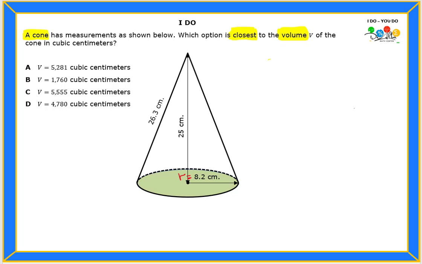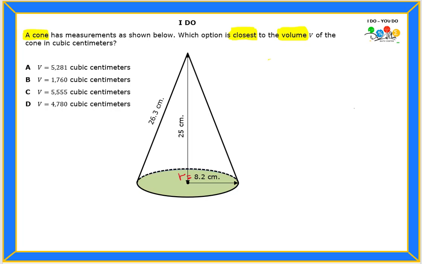Now, this is a little bit confusing for some of the students because it's like, Miss, there's two heights. I see one that goes kind of on the side and another one that is straight in the middle. So just remember that the height that you're looking for is the one that is perpendicular to the radius, okay? It's like when the nurse tells you stand up straight, right?